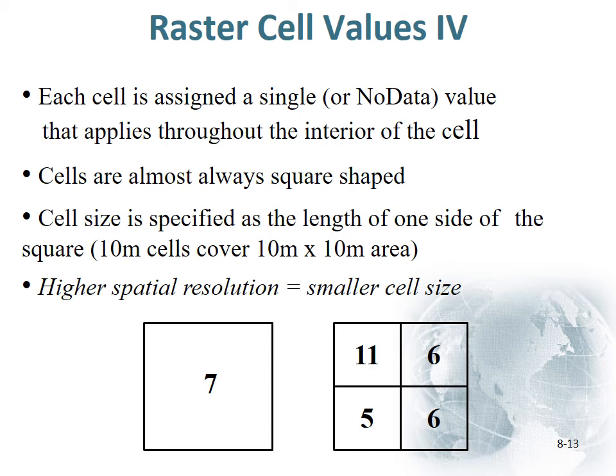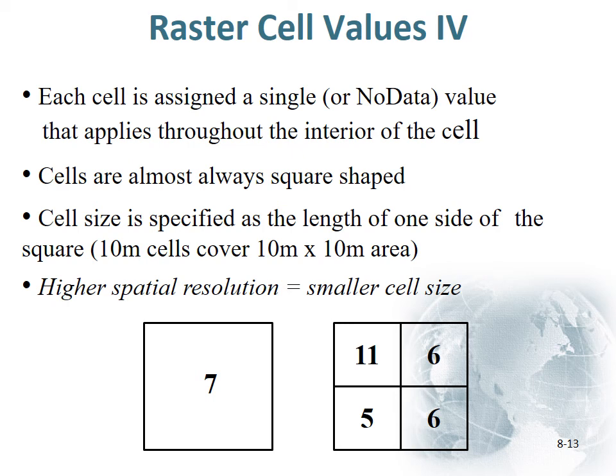Okay, and so we have a value of 7 just for that area, and we get a better scientific instrument that takes a measurement of the Earth's surface and is able to use 10 meter pixels. So for the same area on the left and the right, we have one value recorded at the 20 meter resolution. At 10 meter resolution, we're able to subdivide the same area into 4 pixels. Okay, so that's known as getting higher spatial resolution raster data.